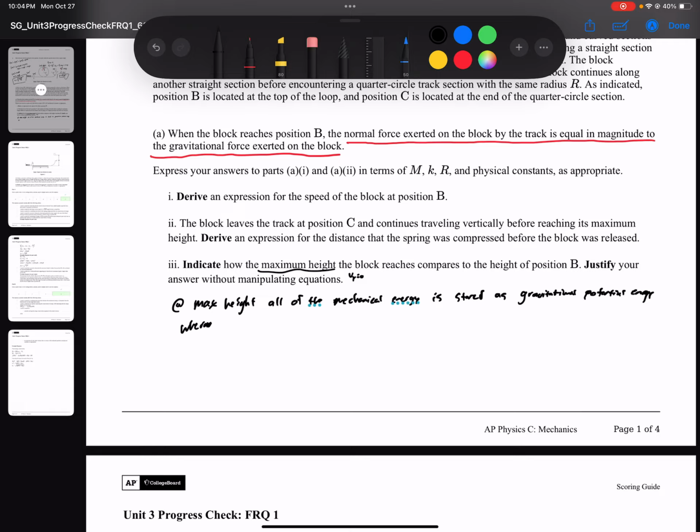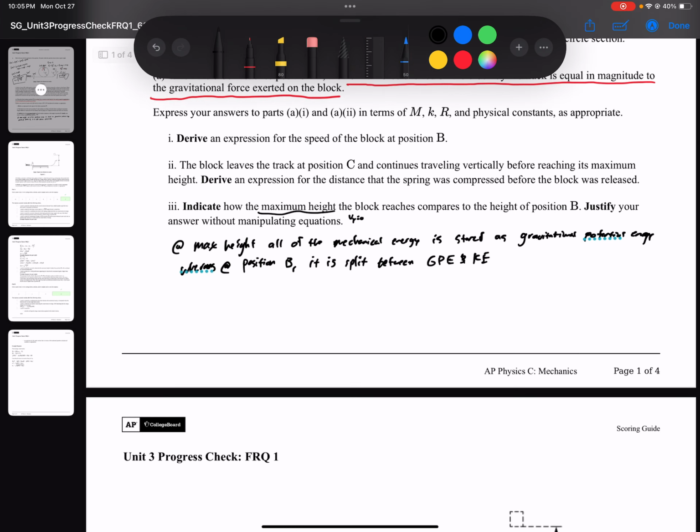Whereas at position B, it is split between, I'm just going to put GPE and KE for the sake of time. It's split as gravitational potential energy and kinetic energy. And we know there's no mechanical energy that's lost. So if more of the energy is stored as potential energy, that's why it reaches a higher height. Okay, that's the basic idea.